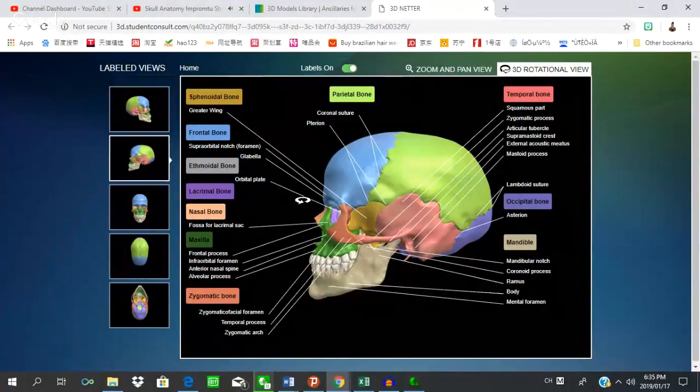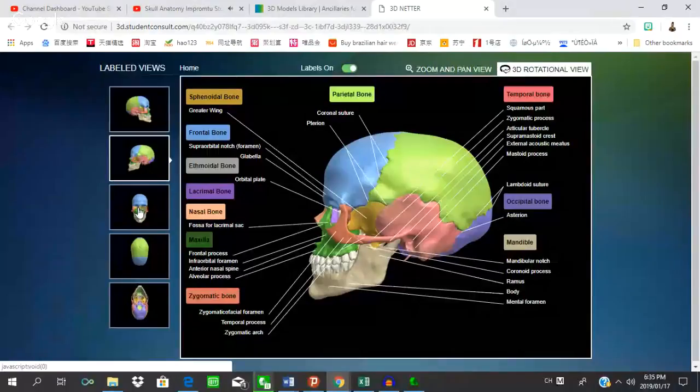Then you have what is called the glabella on the frontal bone as well. It will be more prominent when we look at the more frontal view.